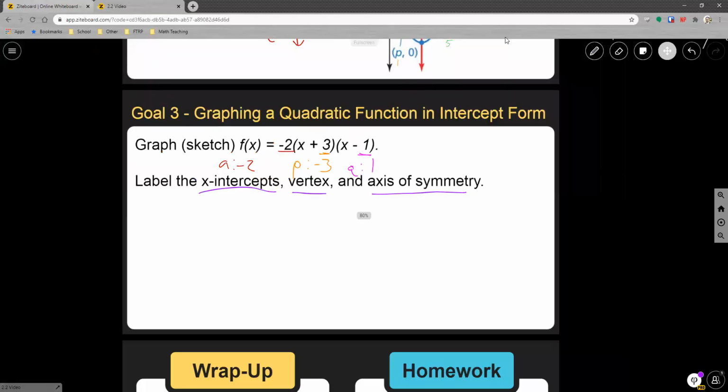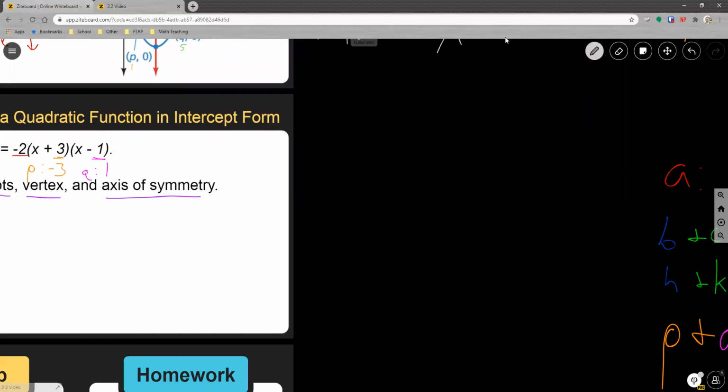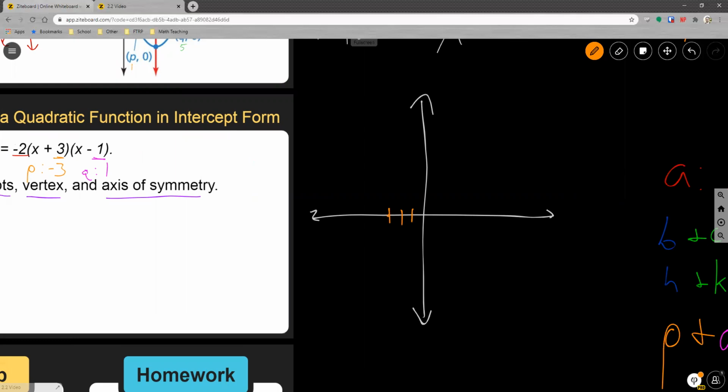Well, just with the information I have right now, I could actually graph my x-intercepts right away. Because I know that p is -3, I can just count off 1, 2, 3 to the left, and there is my x-intercept.